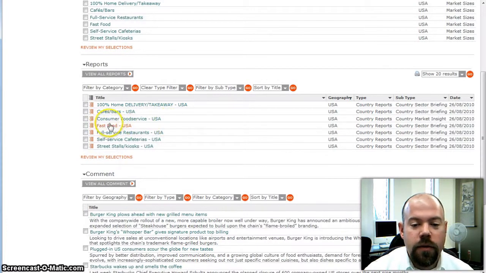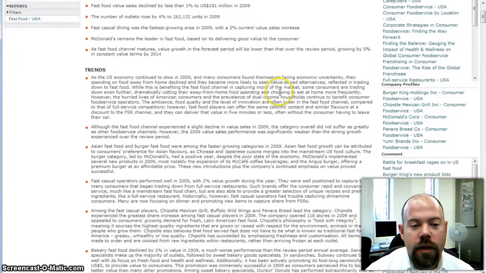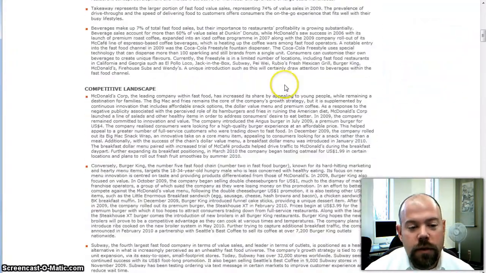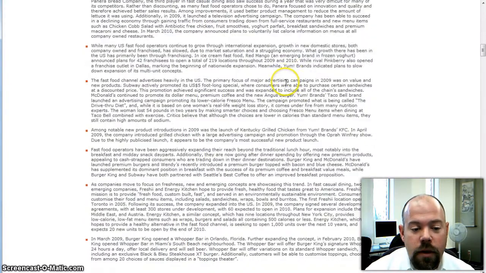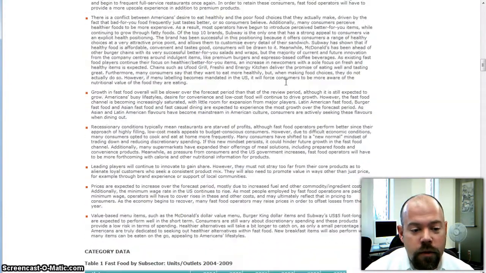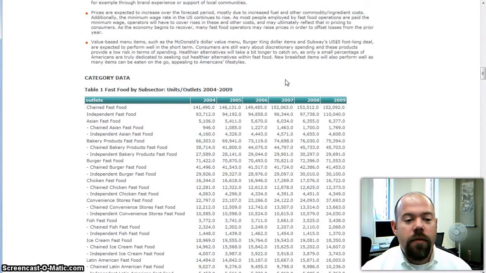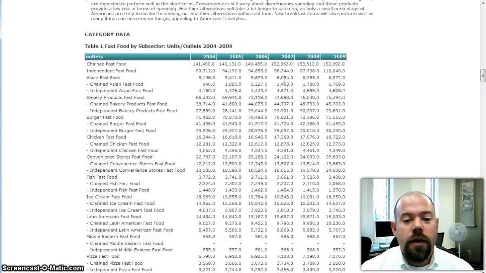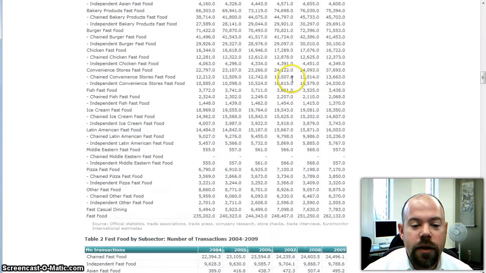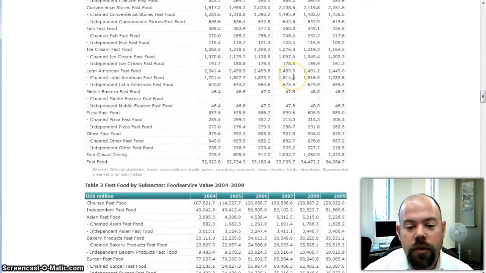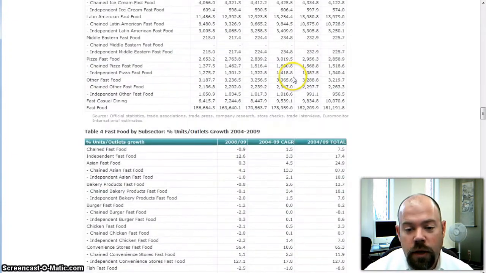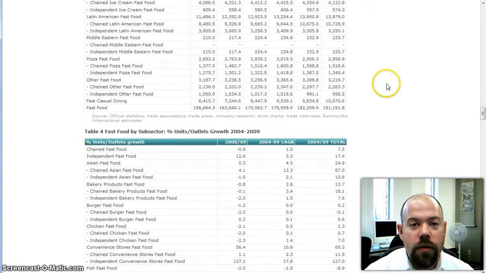If we're interested in the fast food market in the USA, this will give us a report that talks about trends in the market, gives us some headlines, and has information talking about the competitive landscape and prospects of the particular market. Then as we go down, we have all kinds of category data, all kinds of information for past sales, compound annual growth rate, that kind of good stuff. So really good information that you can find within Passport.